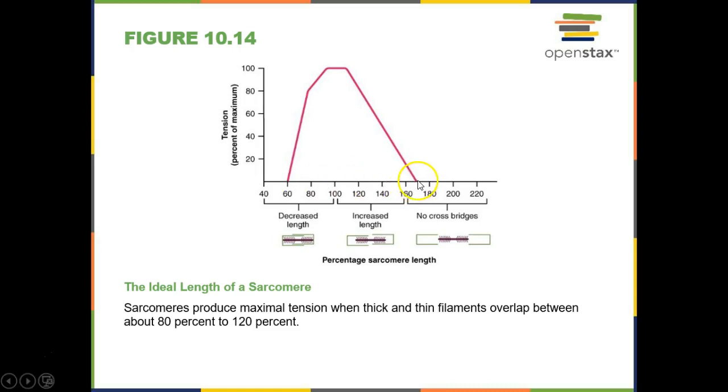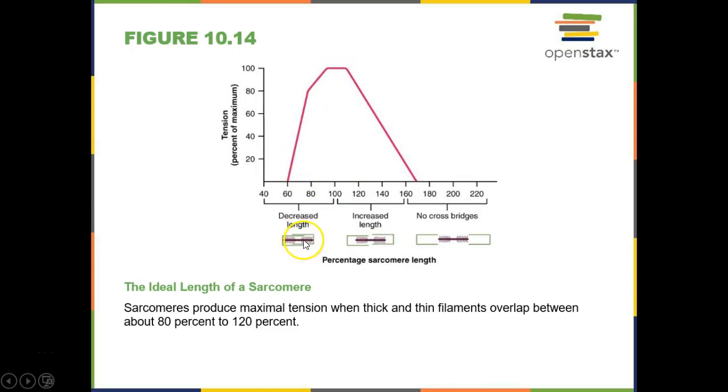If you stretch it out too much, again, it's not going to be a very strong contraction because those myofilaments are too far apart. But if the sarcomere is between 80 and 120 percent, that size is going to give you the best muscle contraction.